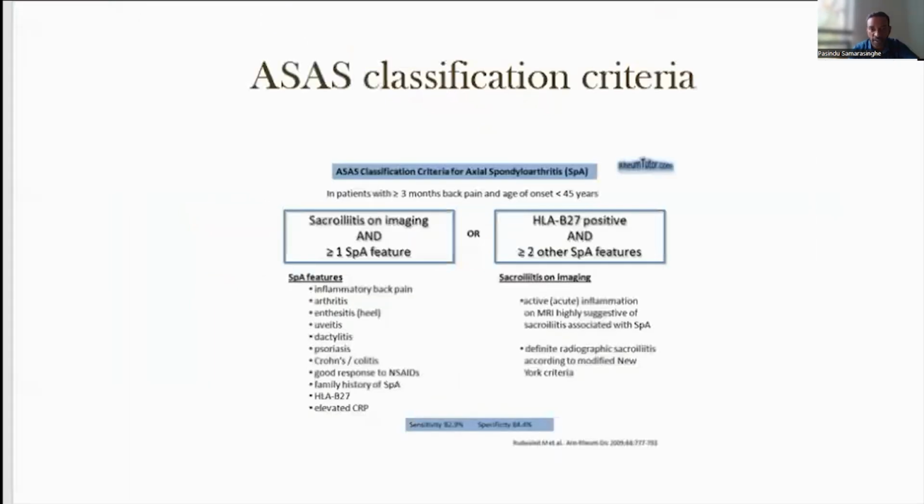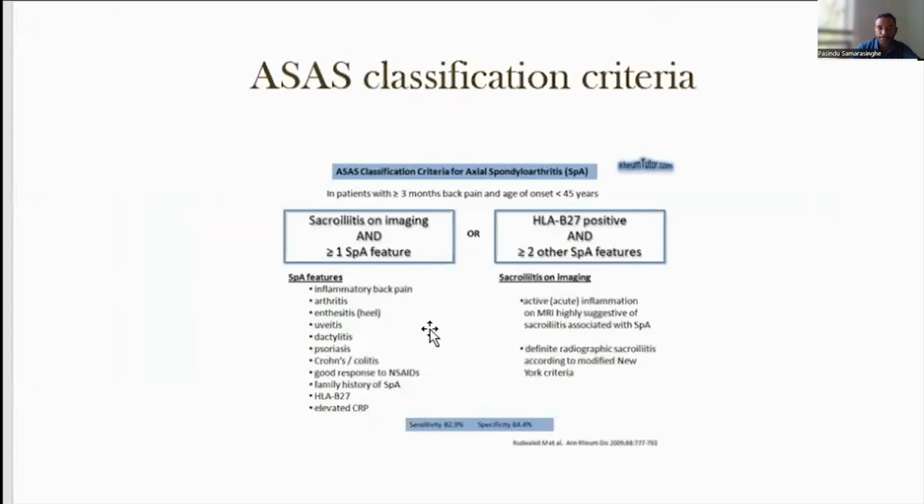So this is a very important slide, so hopefully you can read it. This is the ASAS group for spondyloarthritis, who developed this classification criteria. If you have a patient with back pain for more than 3 months, especially a young patient, less than 45 years, go through these spondyloarthropathy features.